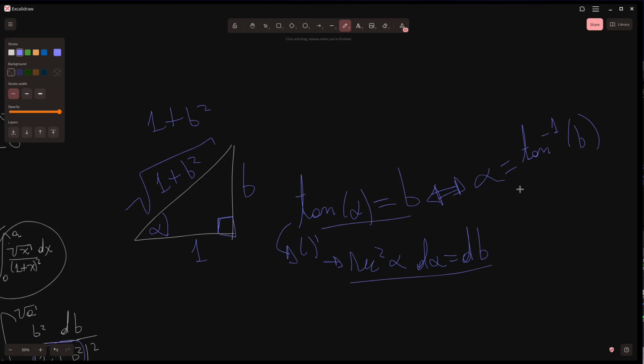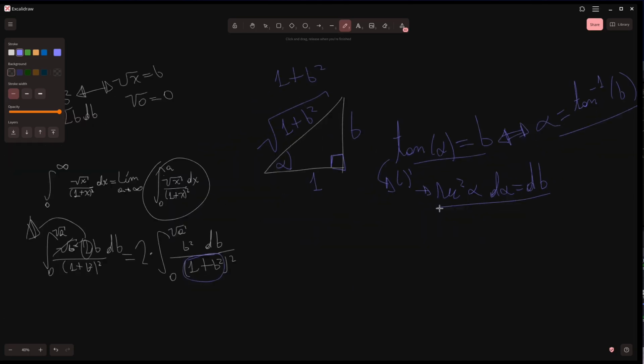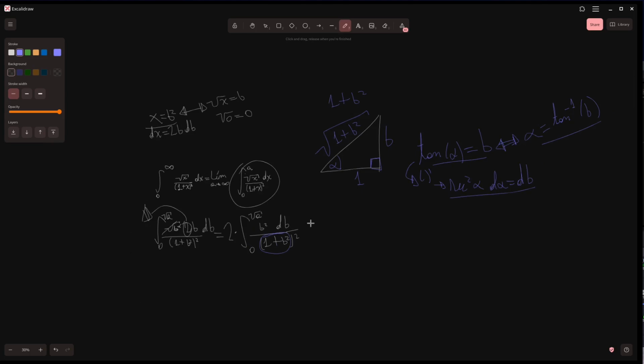So once we have this, we can replace this integral. We can get 2 times the integral from, well, let's say v squared, which is the tangent square of the angle.